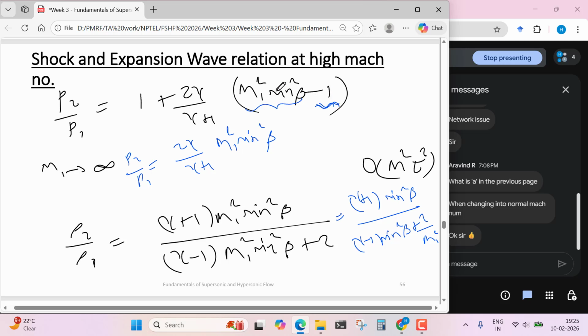If m1 is very high, then its square will also be very high, and its whole product will be very high compared to 1. So we will ignore this one and we will get 2 gamma upon gamma plus 1 m1 square sin square beta for the hypersonic limit. And for this it will be of order m square tau square.